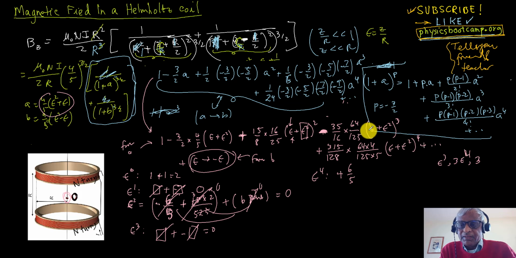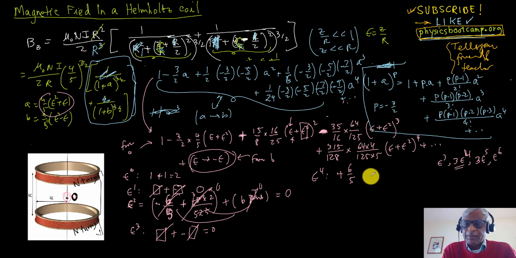Then this cube times 1 power of that, right? This cube and 0 power, this square and 1 power, this and that square, so epsilon to the power 5 and then epsilon to the power 6.